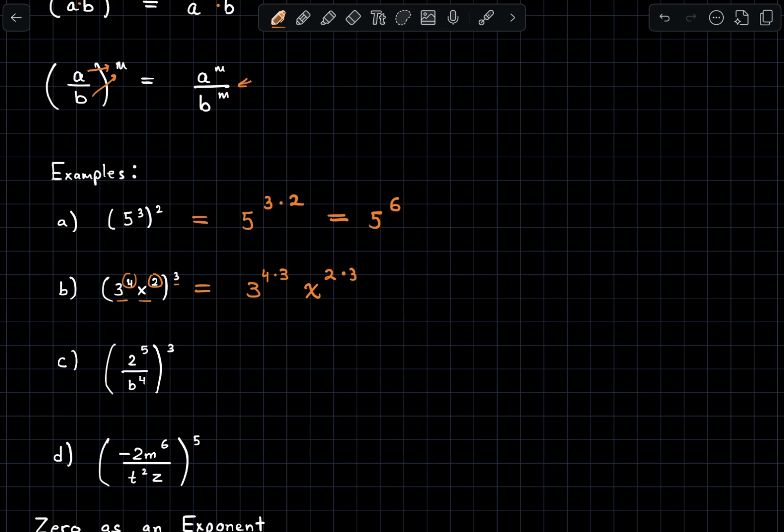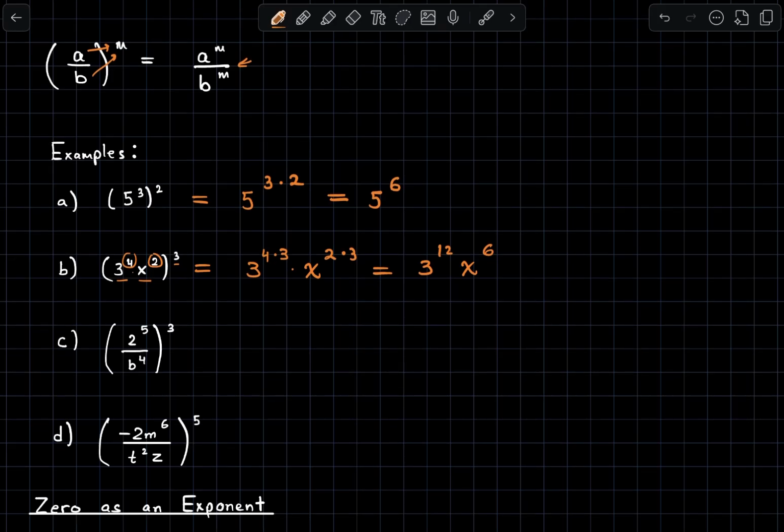And this 3 to the 4th and this x squared, these are also just being multiplied, so we can just write them next to each other. We can write a little dot in between them to denote that they're being multiplied, but we're going to preserve that relationship that they started with. So we've got 3 raised to the 12th power here, x raised to the 6th power. And these are multiplied. That's how that simplifies out.